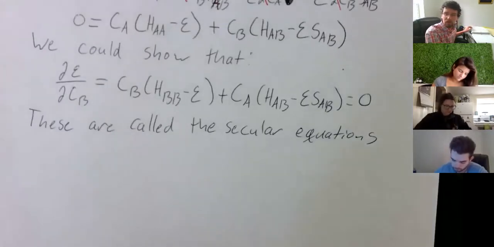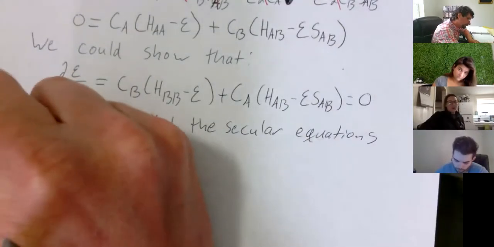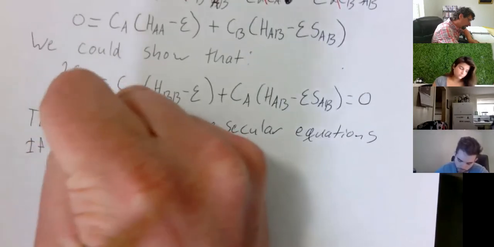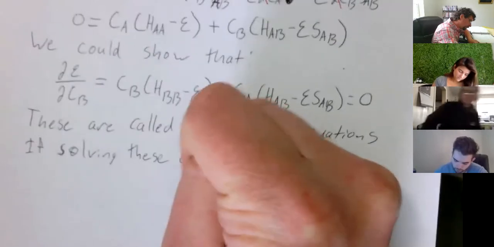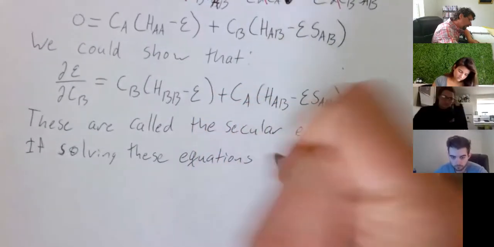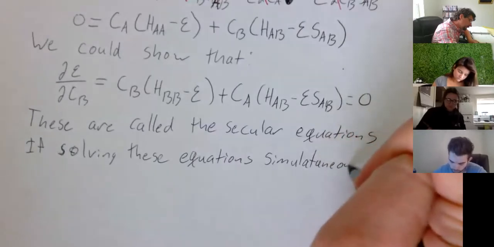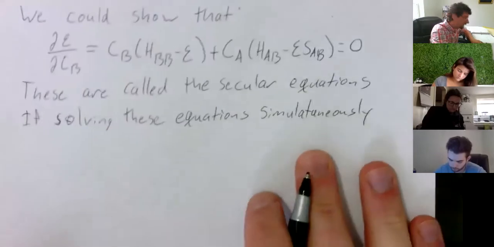And you can solve these equations simultaneously. And that's where you end up with what's called the secular determinant.